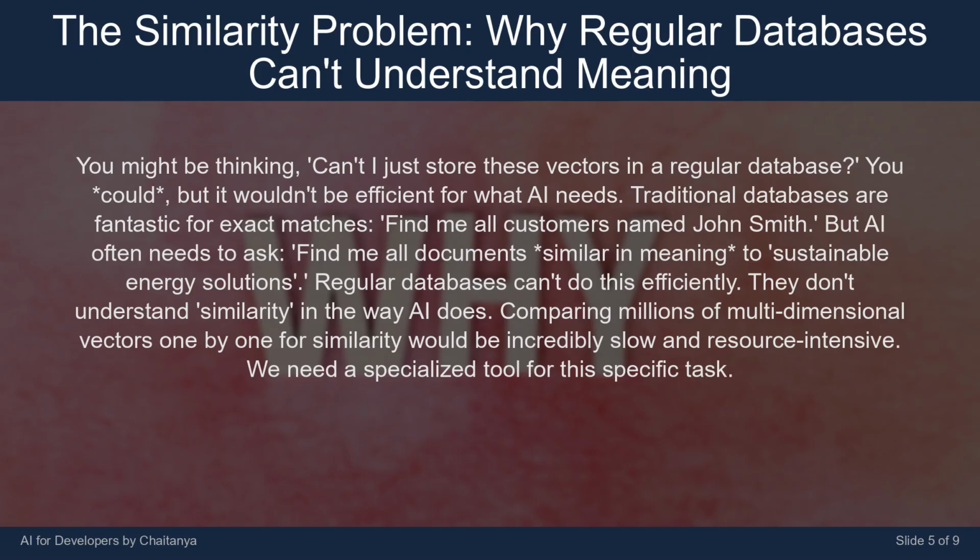Regular databases can't do this efficiently. They don't understand similarity in the way AI does. Comparing millions of multidimensional vectors one by one for similarity would be incredibly slow and resource-intensive. We need a specialized tool for this specific task.